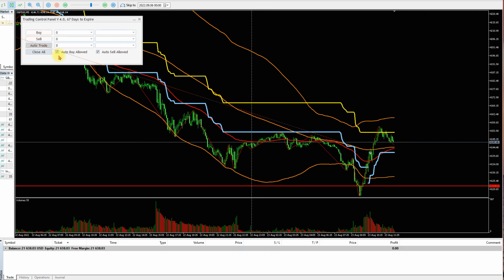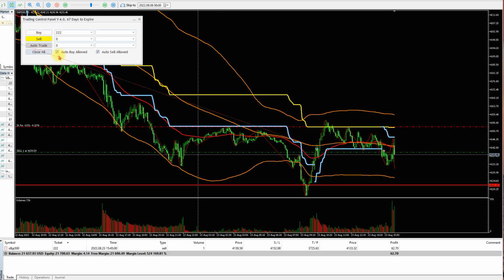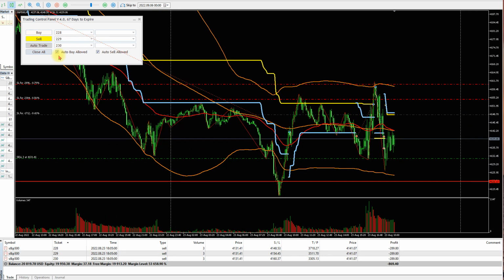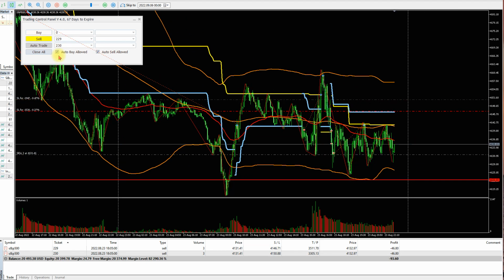And look, now the robot is in profit. So despite the up and down, it made money.